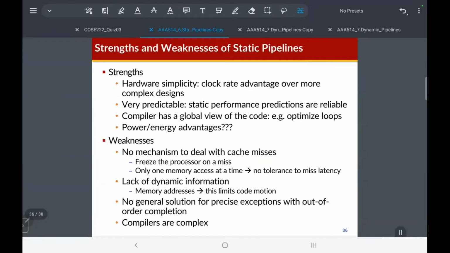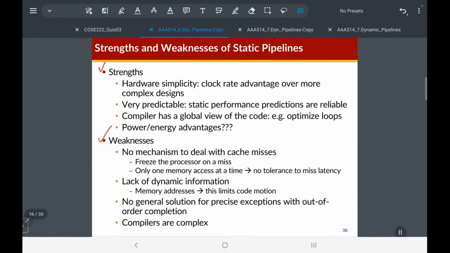Okay, and then let's summarize the static pipelines. We can discuss the strengths and the pros and cons of the static pipeline architecture. So what are the strengths of static pipeline? The hardware does not consider the order of instructions.